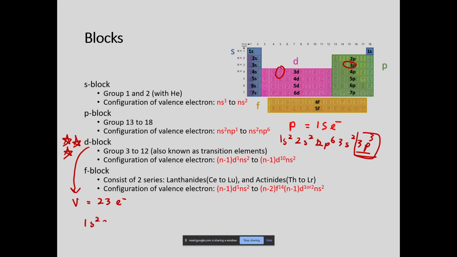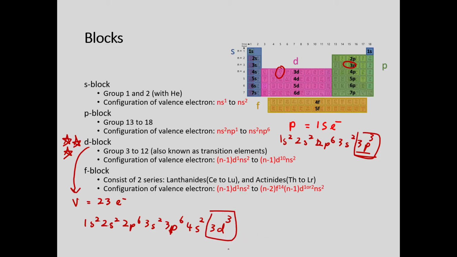So 1s2, 2s2, 2p6, 3s2, 3p6, and then 4s2, and then 3d3. So you guys tengok, the last electron yang you isi is D. So maksudnya dia dekat D blocks.